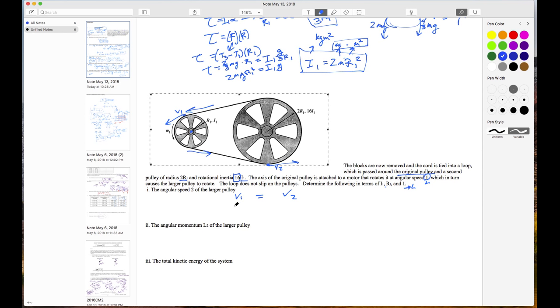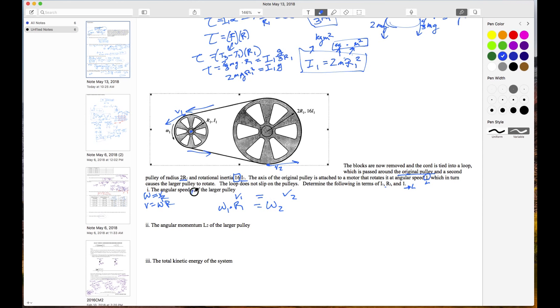Now, we do know a conversion there, that if we see that omega equals V over R, then V equals omega R. Well, let's just do that. We know the omega here, omega 1 times R1 has to equal omega 2, which we don't know.